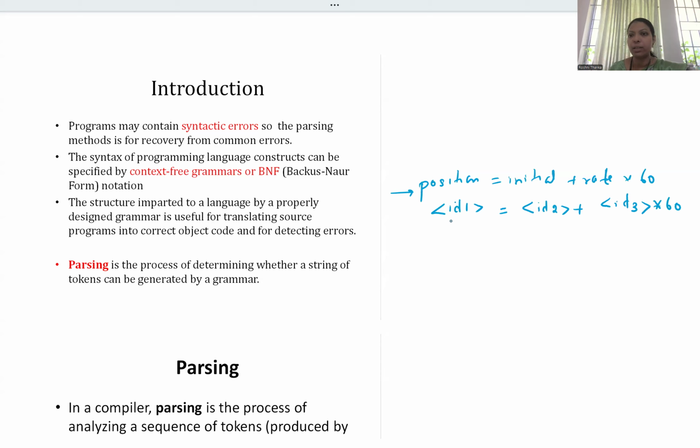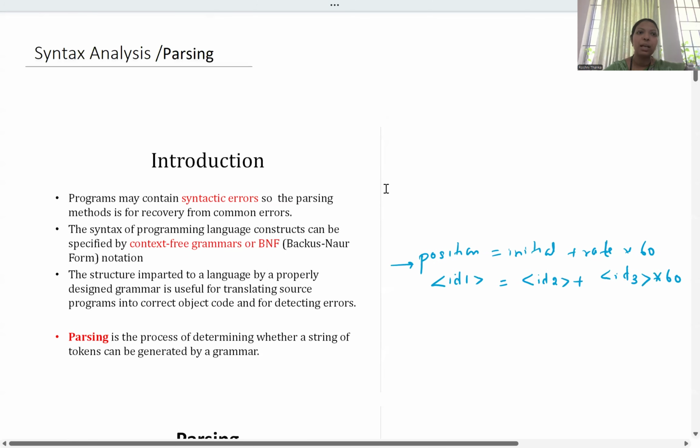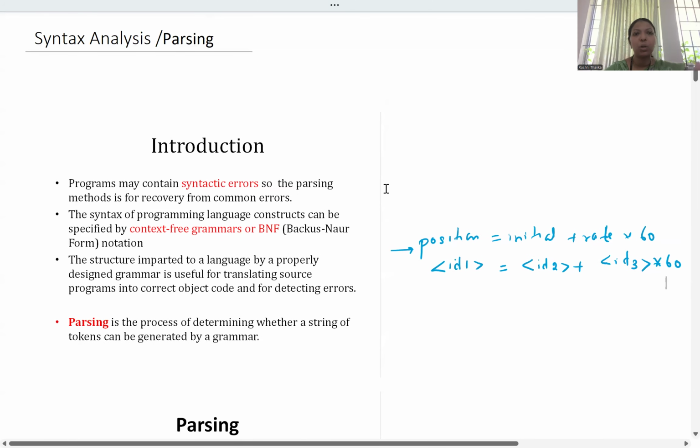So we have three identifiers, the equal to, plus and multiply operators, and then we have a number 60. So we have a sequence of tokens now. This sequence of tokens, which was identified by the lexical analyzer, is given as an input to the syntax analysis, also called parsing, which is the second phase of your compiler.